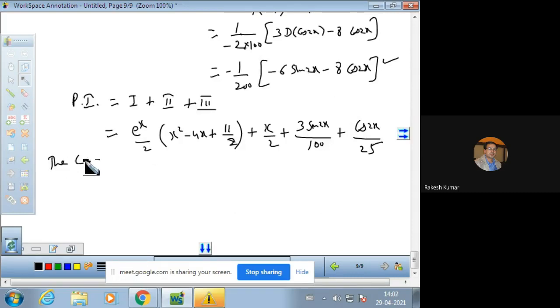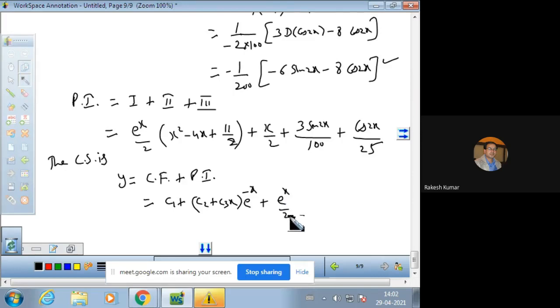And now you can write down the complete solution. The complete solution is y, that will be the sum of the complementary function and the particular integral. And your complementary function was c1 plus c2 plus c3x into e raised to power minus x, plus this complete particular integral term.